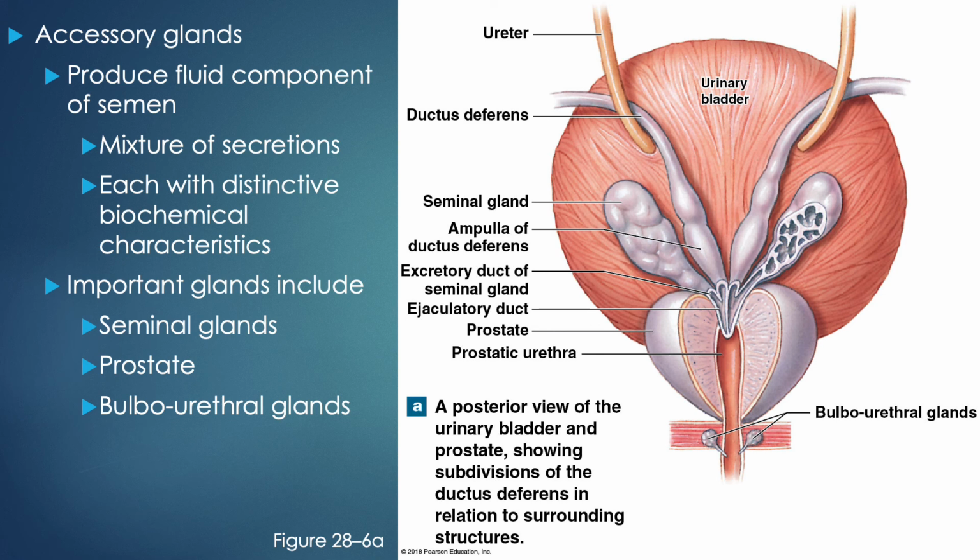Moving a little bit more inferiorly, we have the 2 seminal glands or seminal vesicles, which also secrete their product into the prostatic urethra. Then there's the prostate gland, which occupies the majority of the inferior aspect of the image. And at the bottom, extending into the membranous urethra and the penile urethra, we have the bulbourethral glands.